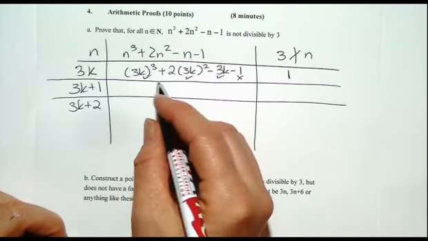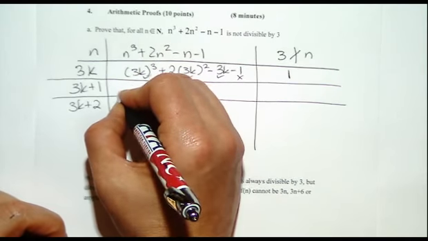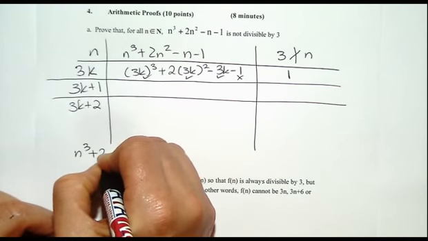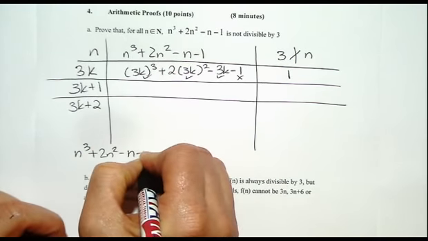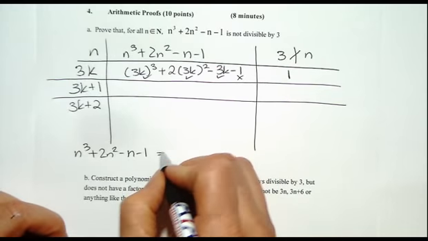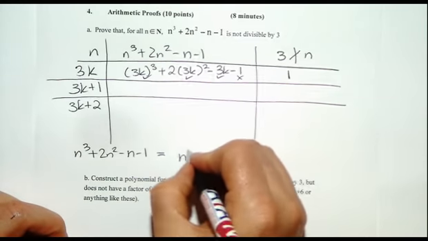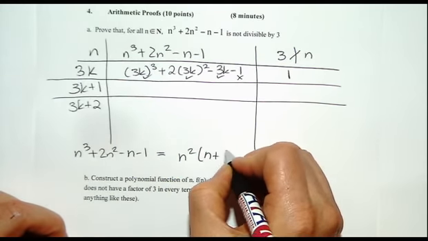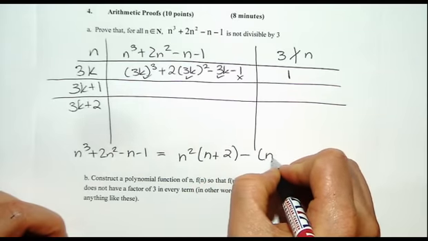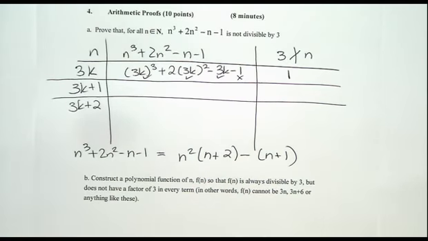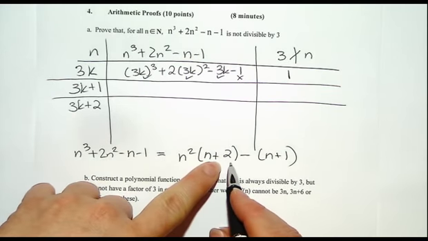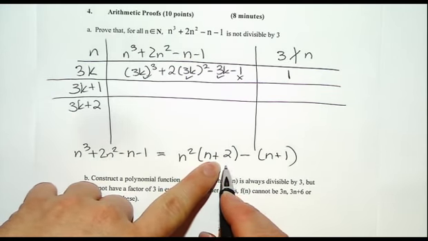In the next case, let's write n cubed plus 2n squared minus n minus 1 as equal to n squared times n plus 2, minus n plus 1. Let's just write it that way. So if I plug in 3k plus 1 to this, I get something divisible by 3, right?